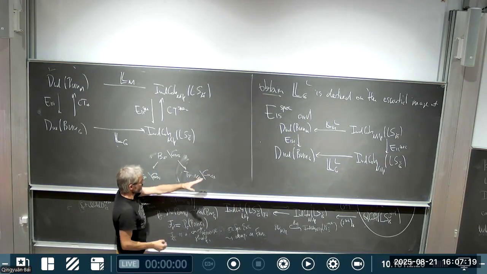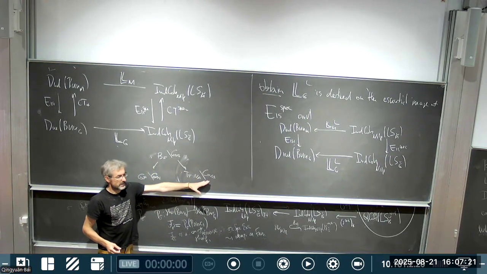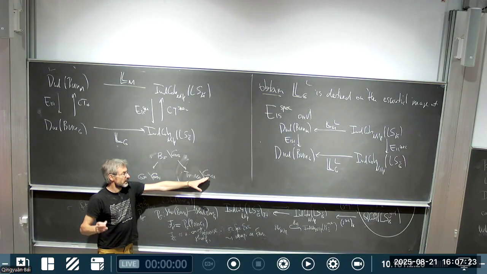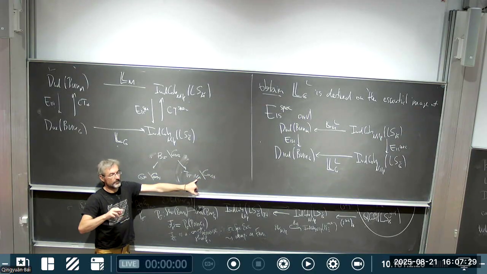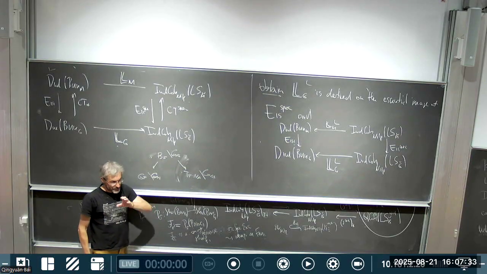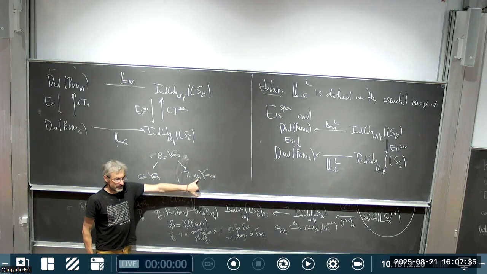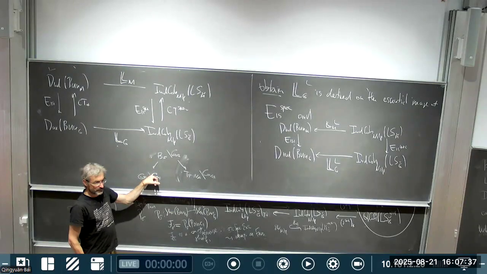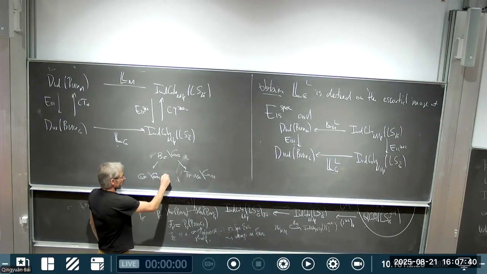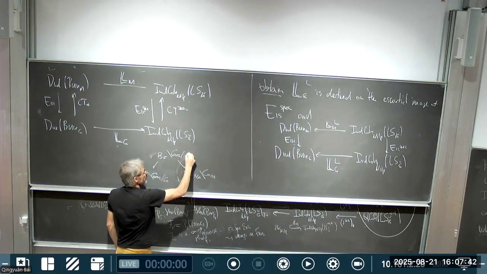Note that if you also mod out the maximal compact, this will be the same as T(A) mod T(O) mod T(F), and N(A), the adelic points of N. So the Eisenstein operator, what it really is, you start with a function here, pull back, pull forward.